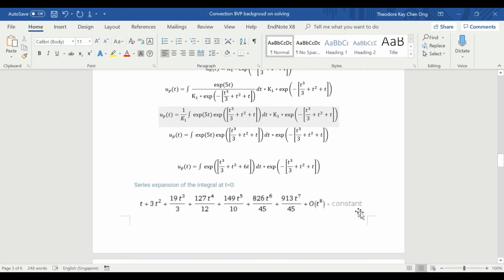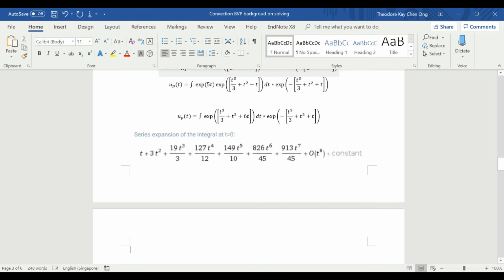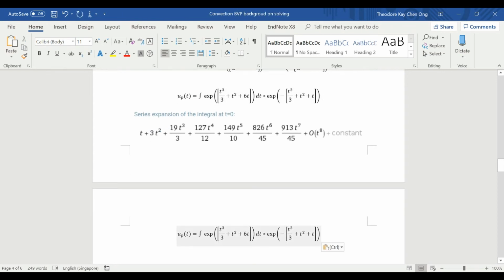As long as we have this Taylor series to help us approximate some sort of solution, that will be sufficient for the purpose of explaining this concept.